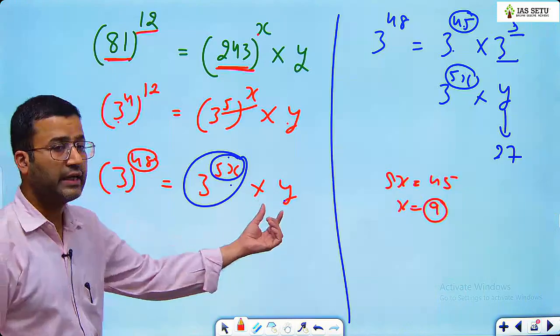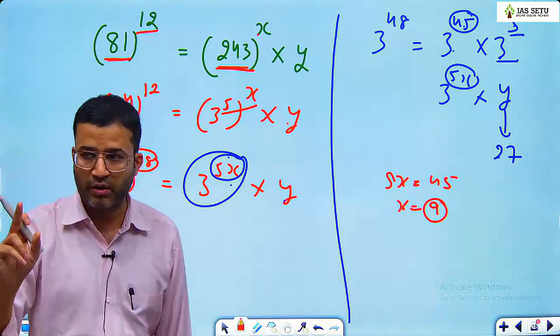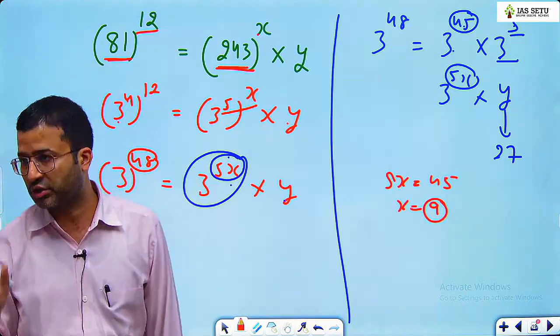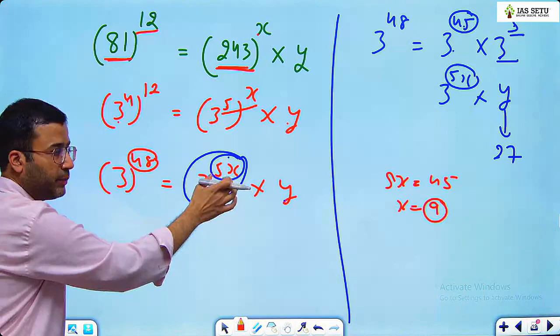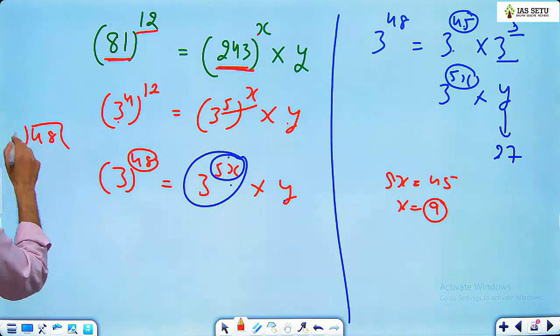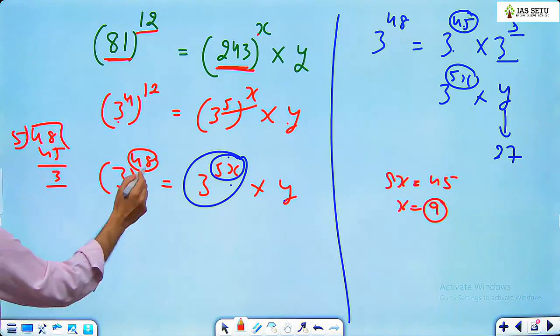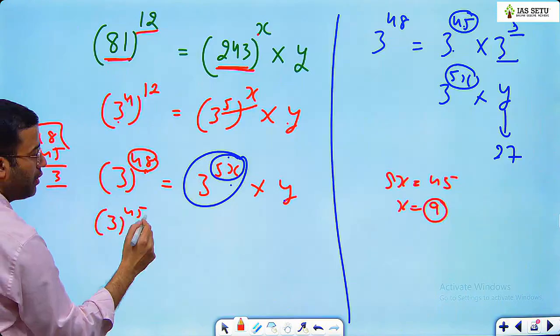And y के लिए condition है, y cannot be bigger. y can be either 3 to power 1, can be 3 to power 2, at the max 3 to power 3. So how we break 48 so that we get multiple of 5 plus extra. So 48 को when you divide by 5, you get 45 and remainder 3. So better you break 48 as 3 to power 45 plus 3.